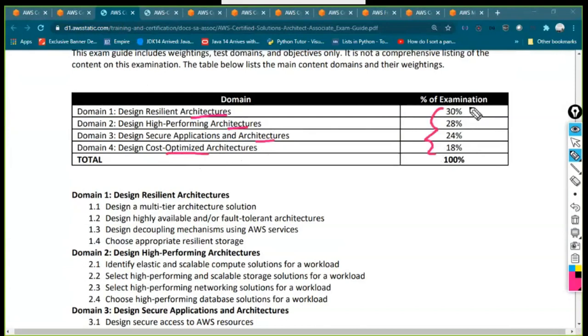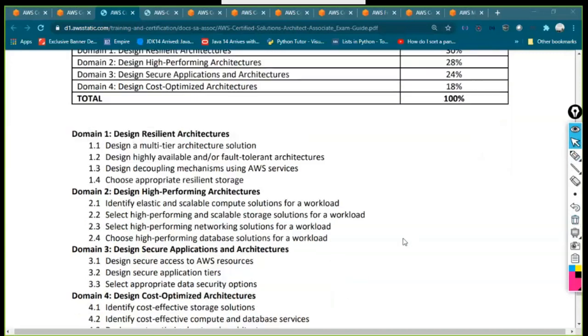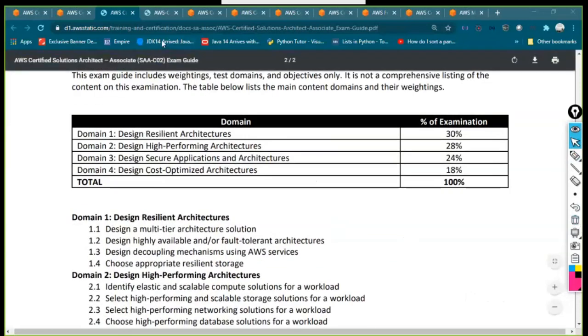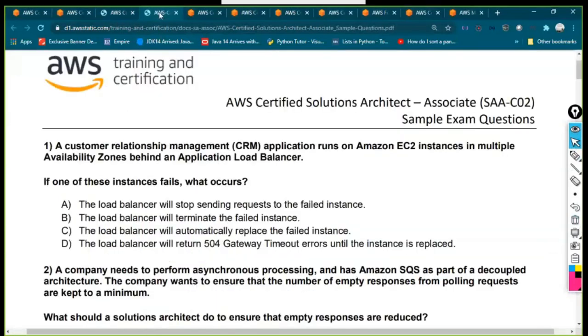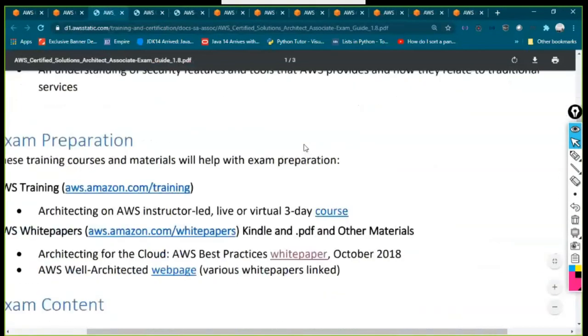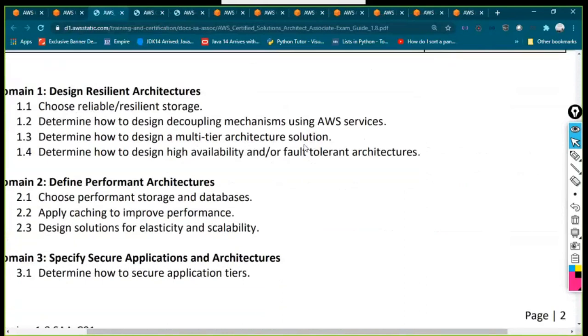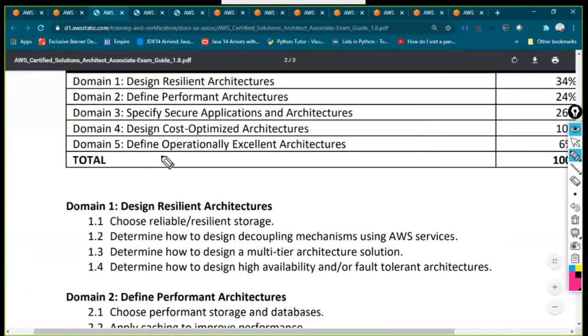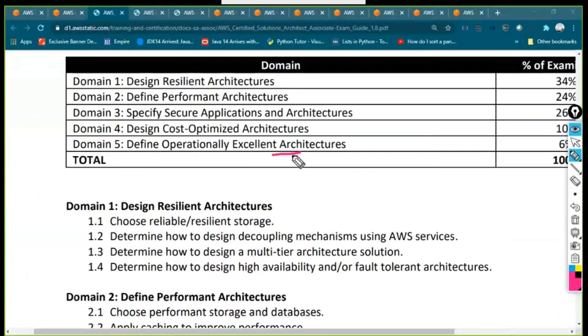The percentage of questions is also listed here, and subtopics are given for each domain. Then we have the C01 exam guide. In the C01 exam guide, there are five topics involved, including defining operationally excellent architecture, which is missing here.